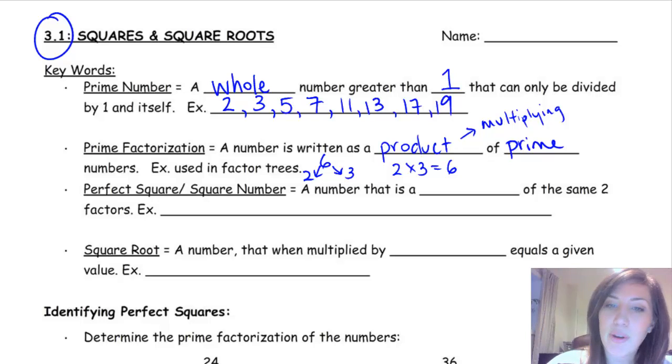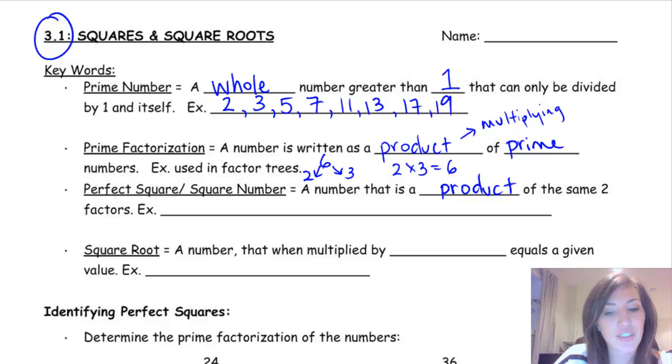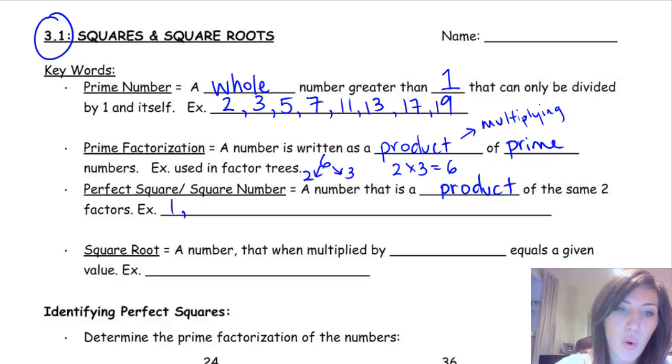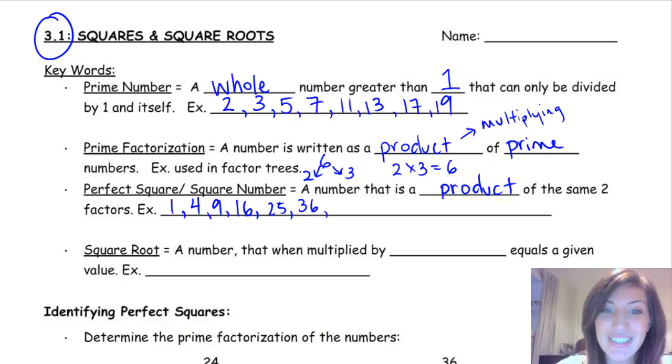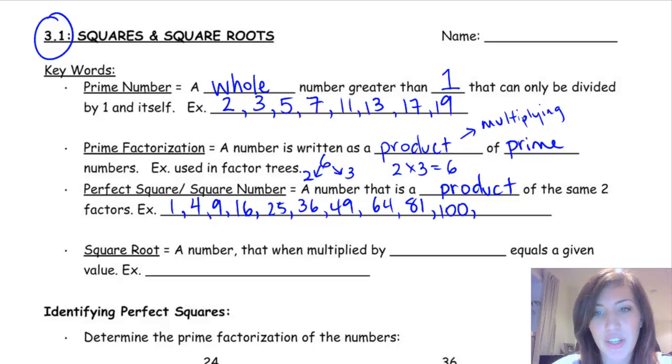We also are going to talk about perfect squares, or numbers that can be a square number, and that is simply a number that is a product of the same two factors. So for example, some common perfect squares would be 1, 4, 9, 16, 25, 36, 49, 64, 81, 100. Here are all the common ones we're going to look at, 121, 144.